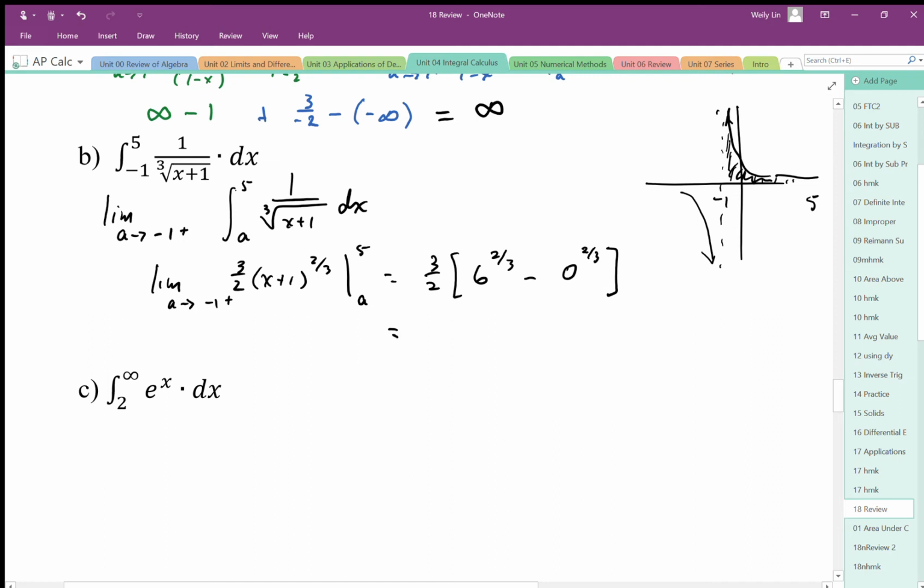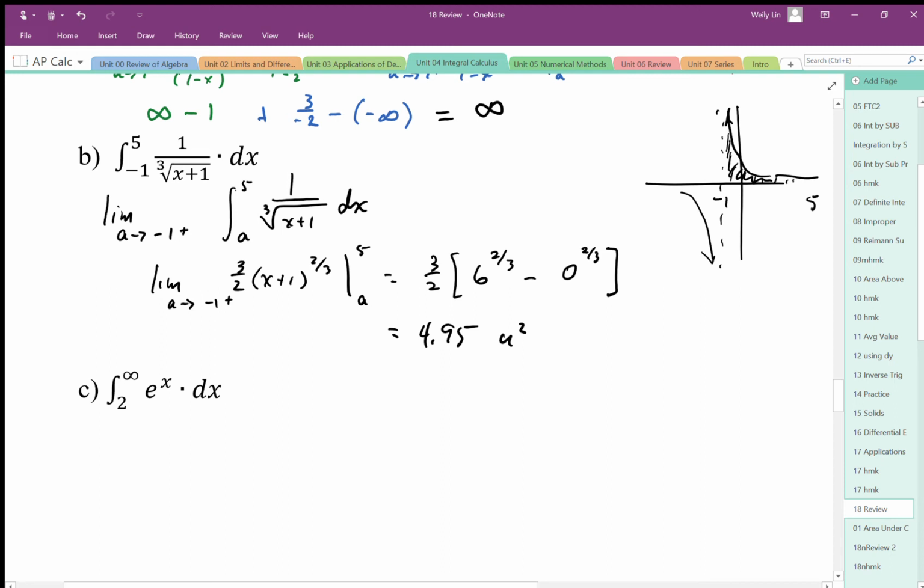Okay, that's going to just be 0, so I just need to work out 6 to the 2/3. It's going to be 3.03, and then I'm going to times that by 3 divided by 2. Okay, so I get a total area of about 4.95 units squared.